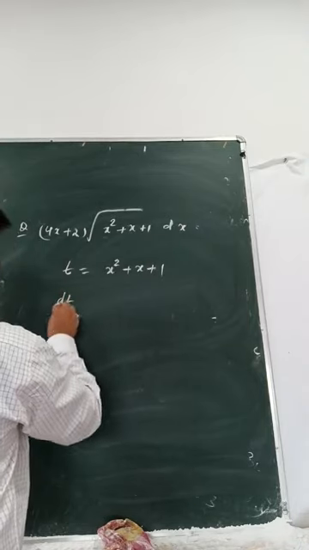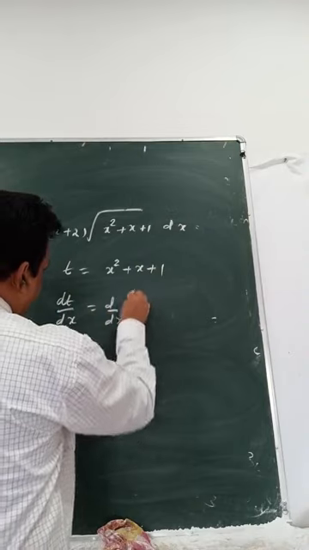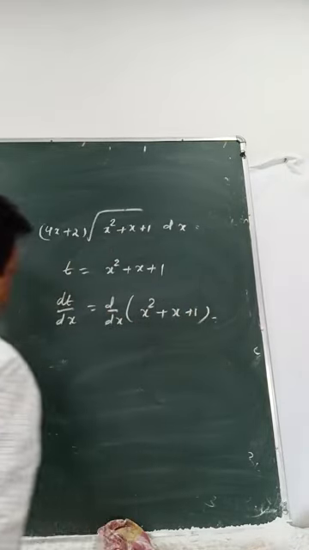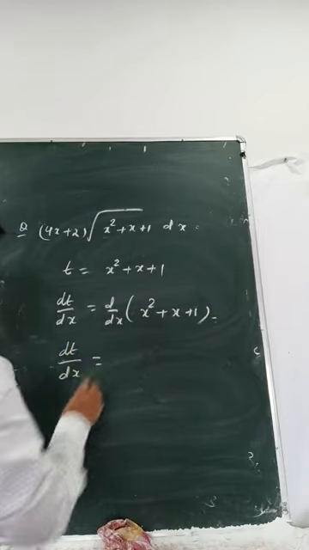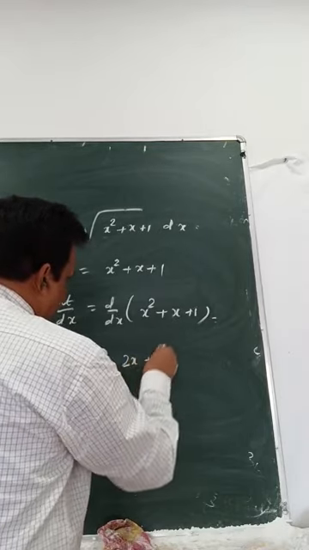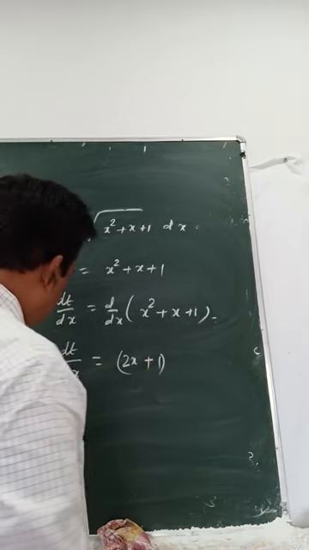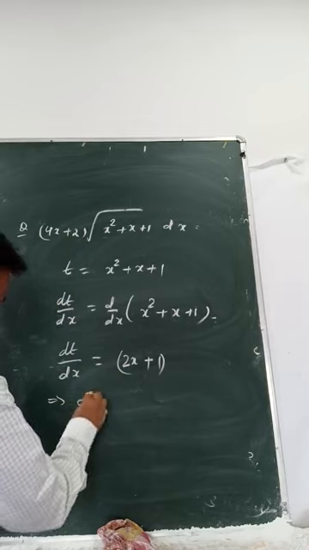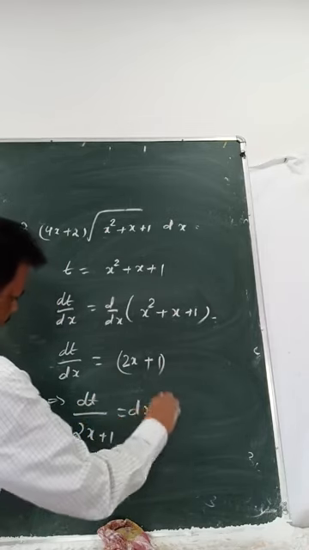So dt by dx is d/dx of x square plus x plus 1. x square derivative 2x, x derivative 1, this is 0. Always find out dx. How much did you get for dx? dt by 2x plus 1 equals dx.